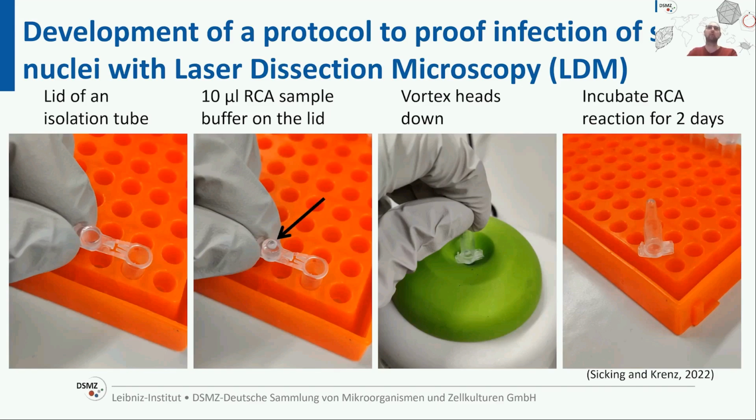And in the next step, vortex the sample heads down to release the sample from the surface of the collection tube. And then we can go for either incubating the RCA reaction at room temperature, or perform the qPCR analysis directly in the thermocycler.